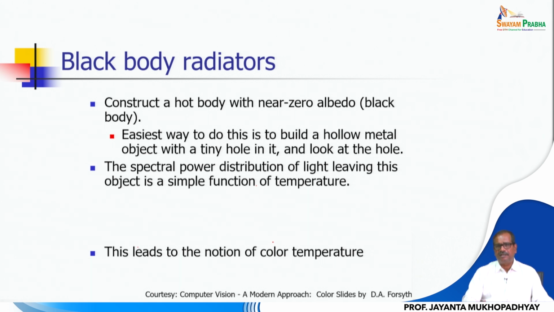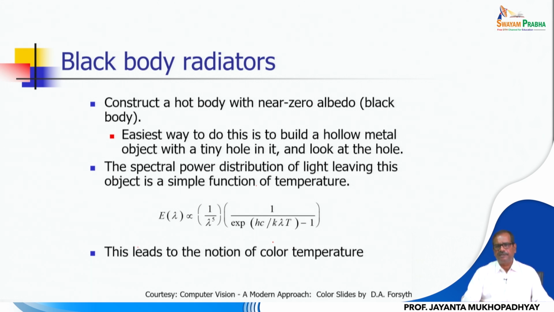The interesting part of the characterization of a black body radiator is that it has been observed that they follow certain spectral power distributions, which means the spectral power, or energy emitted per unit time, depending upon the wavelength, has certain specific relationships. So this is the relationship.